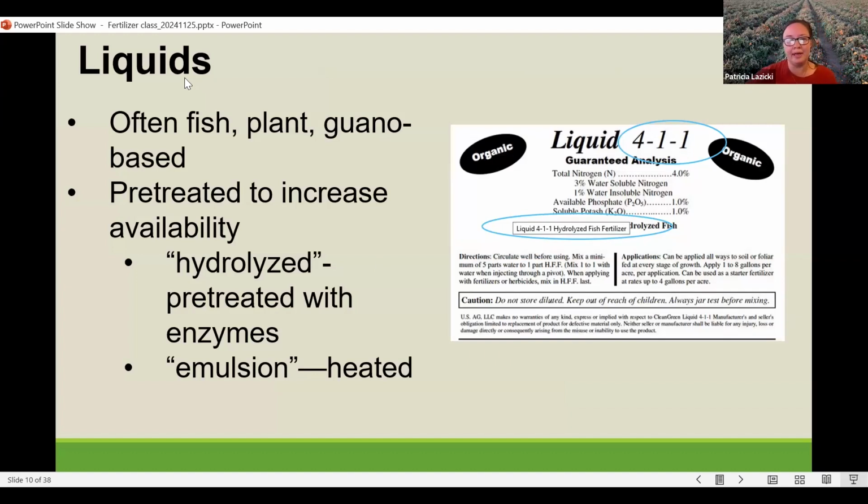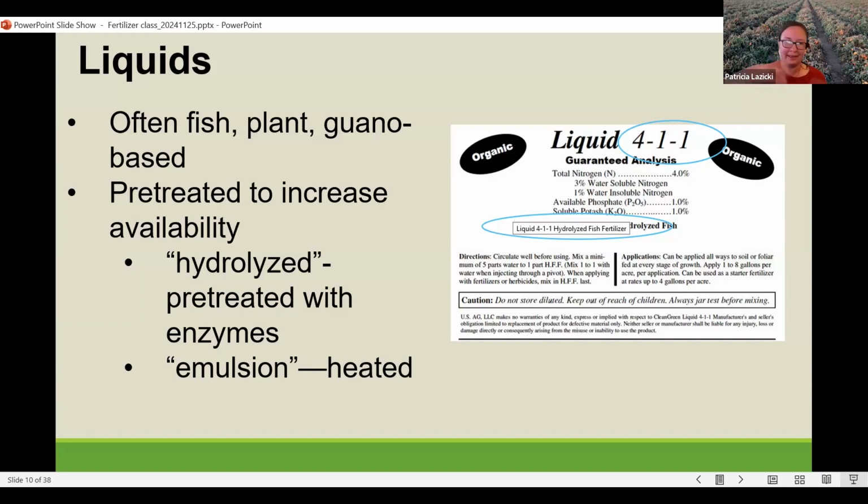Liquids are another quick release material. These are often fish-based. You can also get plant hydrolysates or guano-based. And these are treated to be almost immediately available. So you'll often see hydrolyzed. That means that it's pre-treated with enzymes, or emulsion.